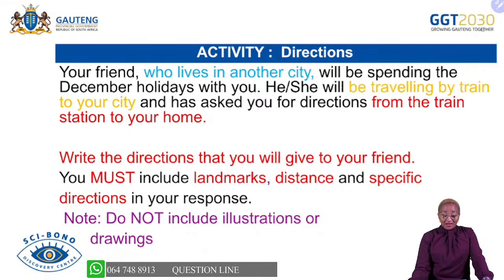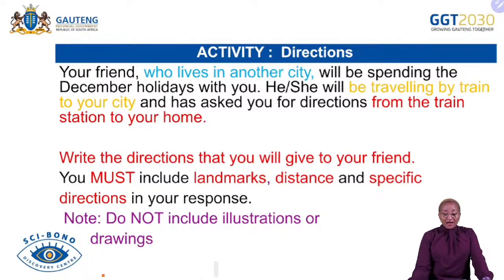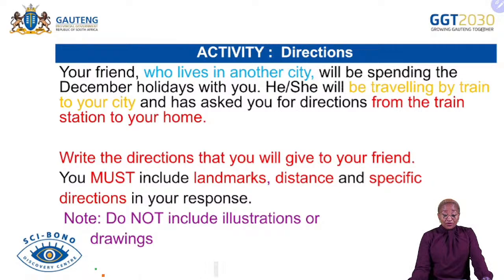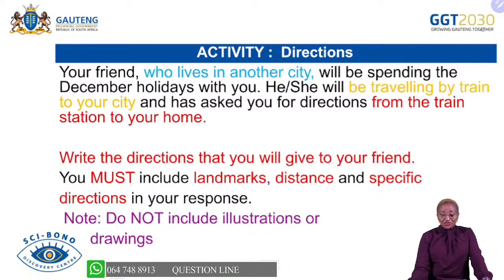What is the instruction there? Write the directions that you will give to your friend. You must include landmarks. You must include the distance and specific directions in your response. However, you need not include illustrations or drawing.